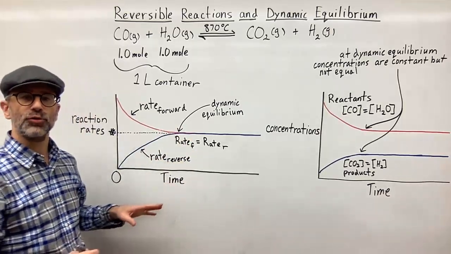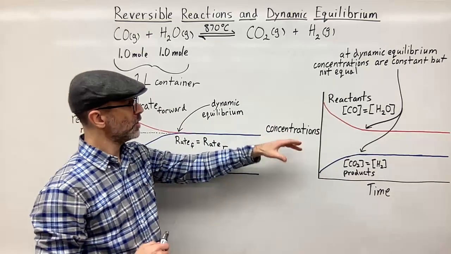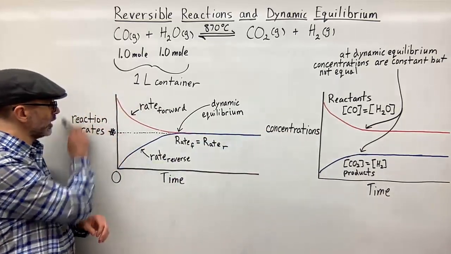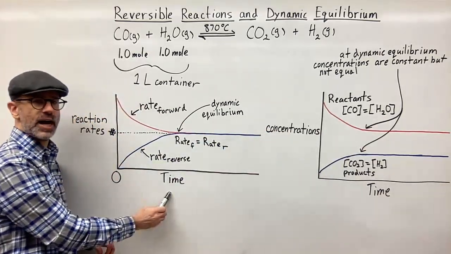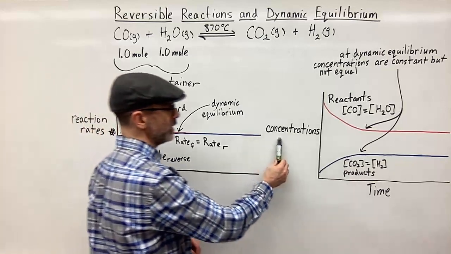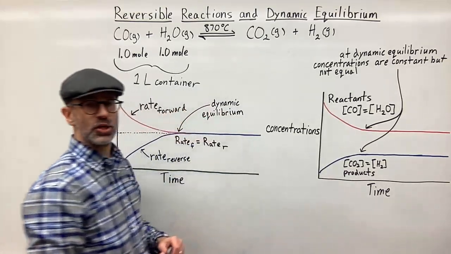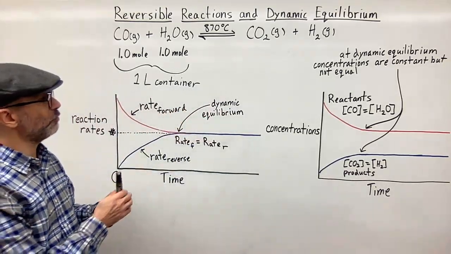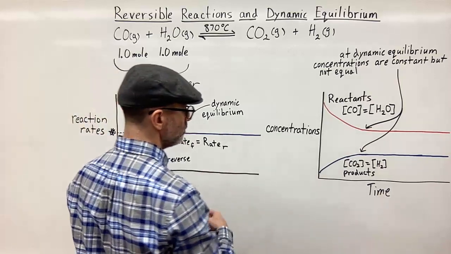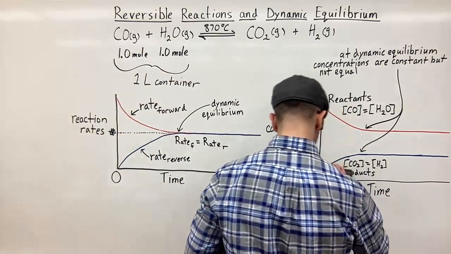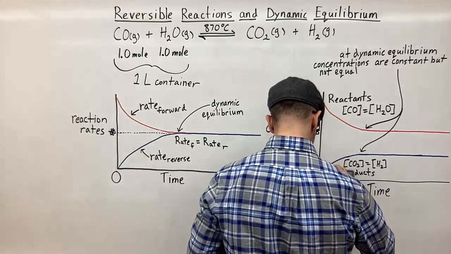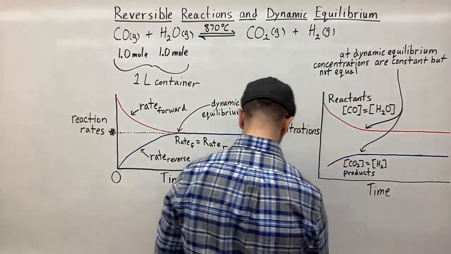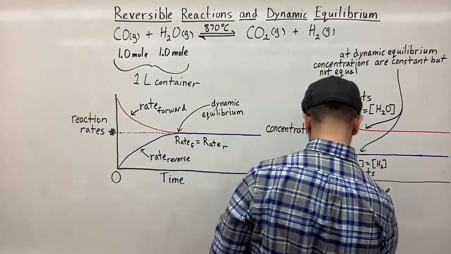You can also see it from this diagram here, where instead of looking at reaction rates versus time, you can look at concentrations versus time. So just as I said before, let me fix this. This is not quite what it should be.